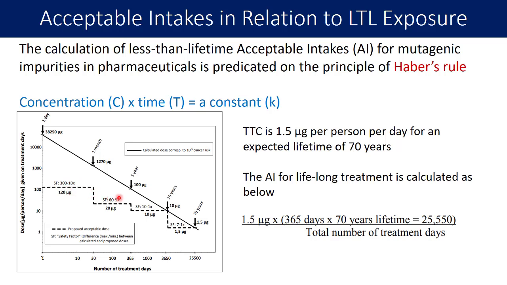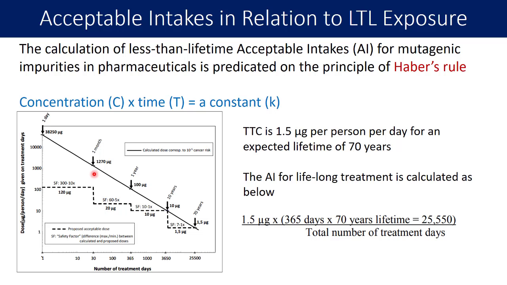Similarly, if you say that for 1 year exposure, 100 micrograms should be the allowable acceptable intake for the mutagenic impurities, you will only find 20 micrograms as the allowable acceptable intake for the mutagenic substance or impurity. And you will find the factor over here like 60 to 5x for until 1 year. So this 5x will actually give the 20 micrograms.